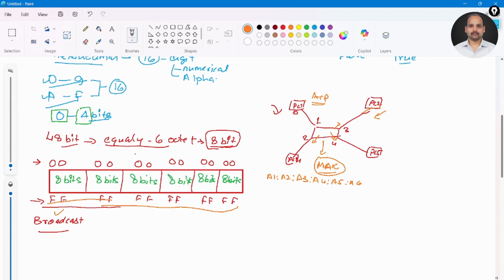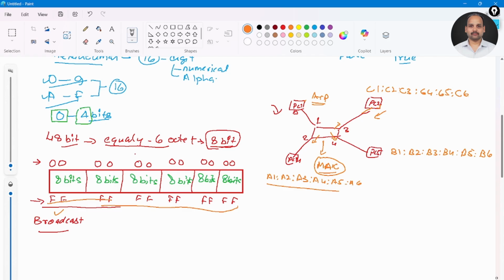Similarly, B1, B2, B3, B4, B5 and B6, and C1, C2, C3, C4, C5 and C6. These are the MAC addresses.